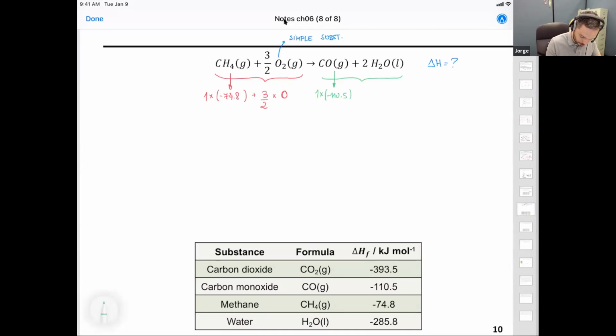This is from the table here. Plus, we have 2 water molecules in the liquid state, and each water molecule carries an energy of minus 285.8 kilojoules per mole.